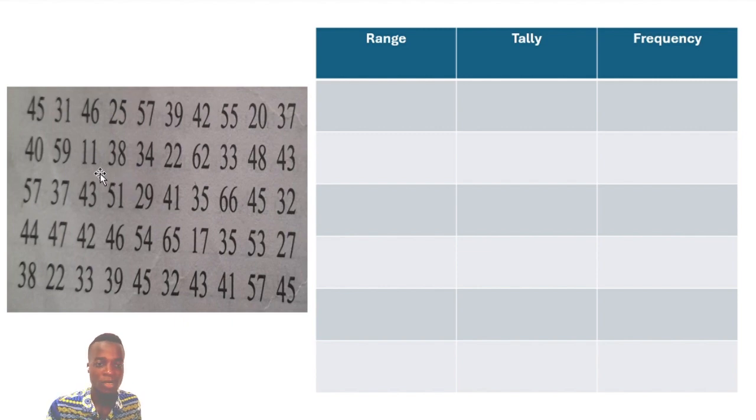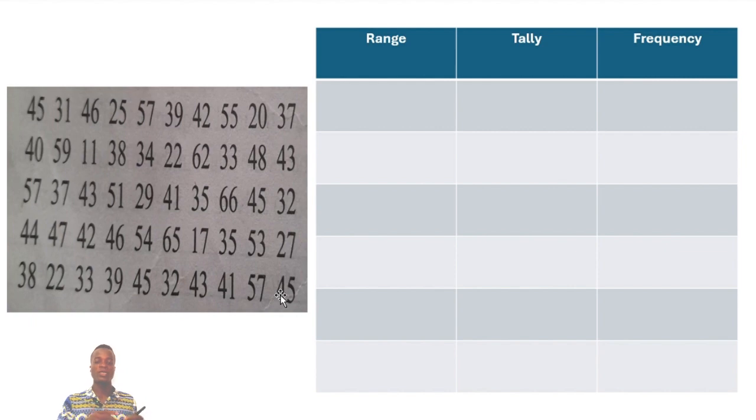I have 11 as the smallest one here, and I'm having 57 as the highest. I'm trying to find the smallest and highest as I go. So 59 is also high, 66, so 11 and 66. Then what do I have? 17.